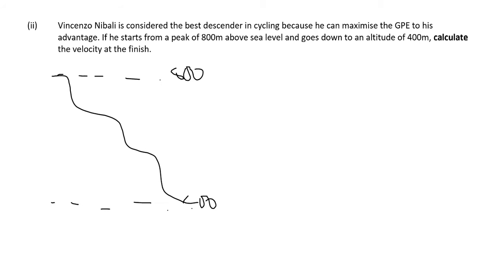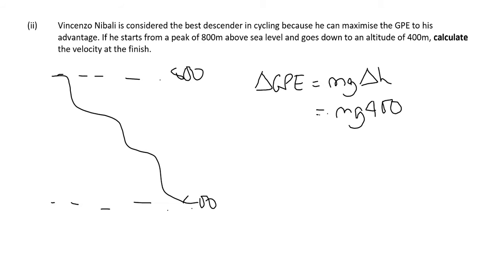So the change in GPE during this is going to be mg delta h, which is going to be equal to mg times 400. This is going to be transferred to kinetic energy, so half mv squared is going to be equal to mg times 400.